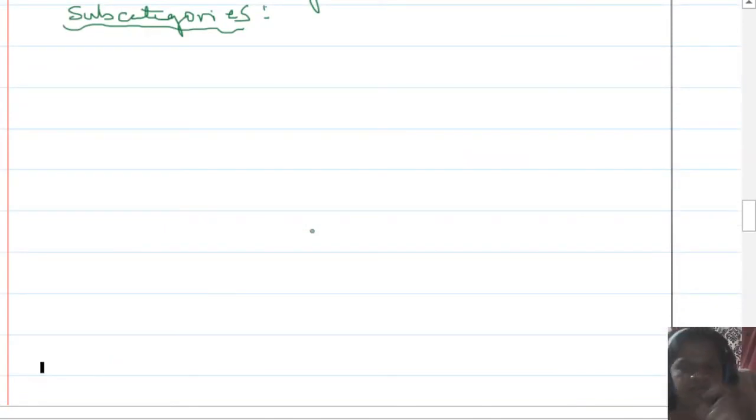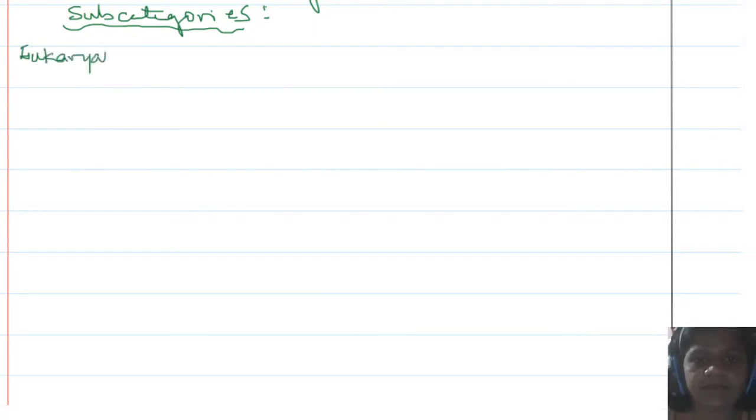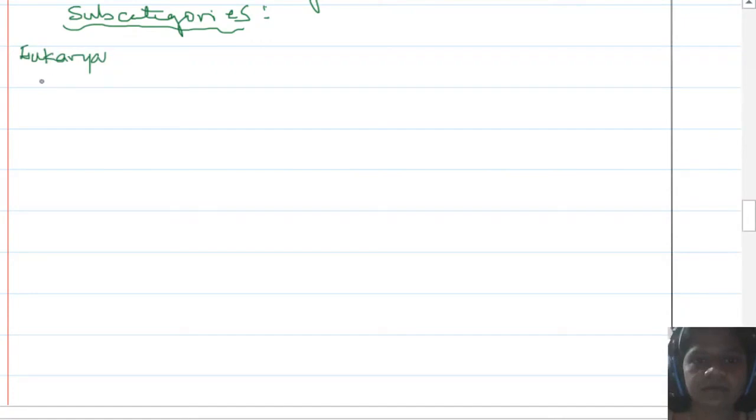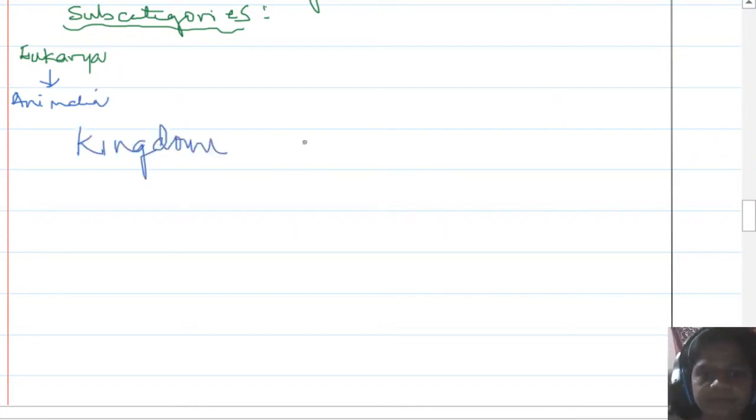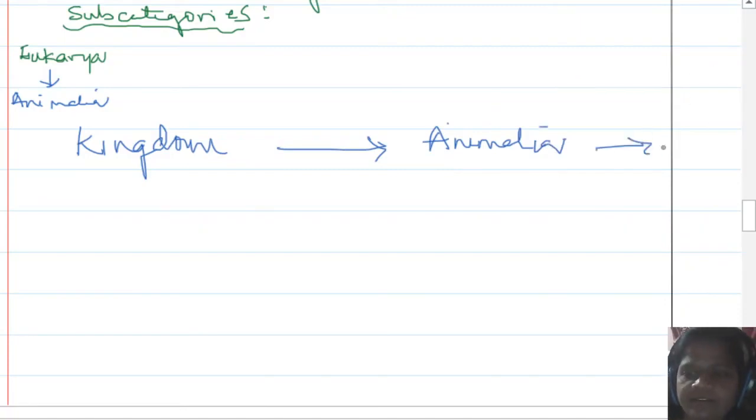So we know that there are 3 domains, right? Eukarya, archaea, and bacteria. But we are only interested in eukarya and Animalia. So kingdom Animalia. We're going to go all the way down to, well, not all the way, but phylum.